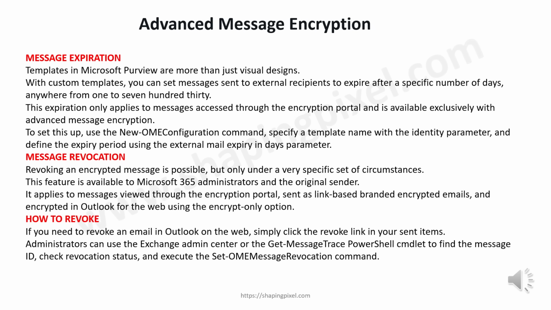If you need to revoke an email in Outlook on the web, simply click the Revoke link in your Sent items. Administrators can use the Exchange Admin Center or the Get-MessageTrace PowerShell cmdlet to find the message ID, check revocation status, and execute the Set-OMEMessageRevocation command.